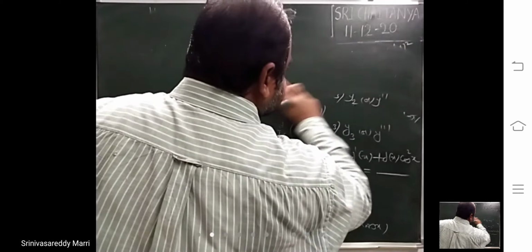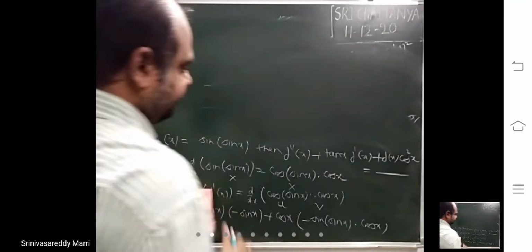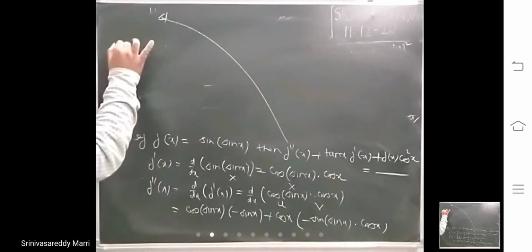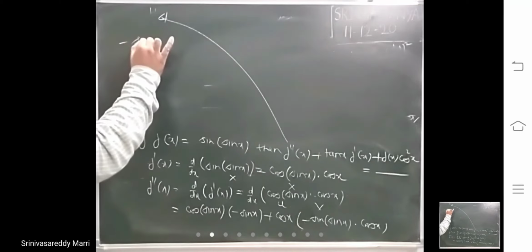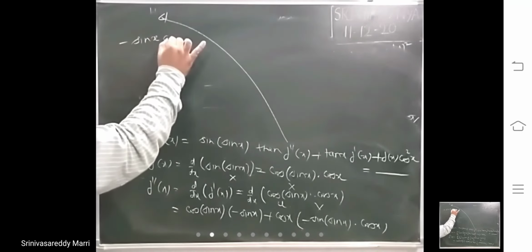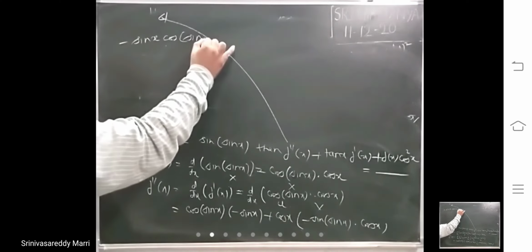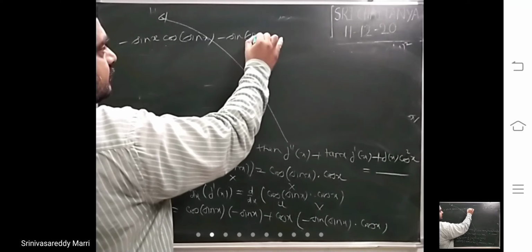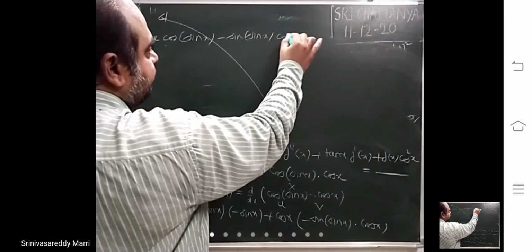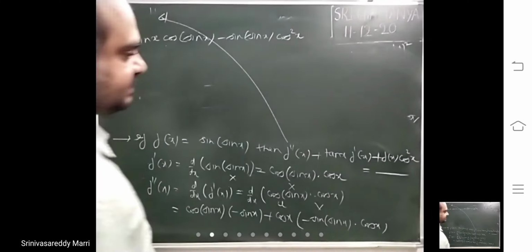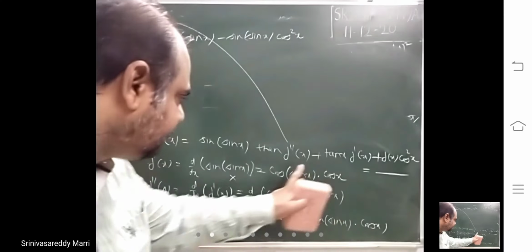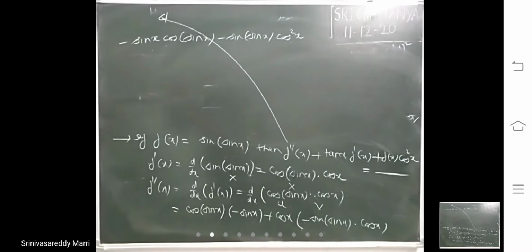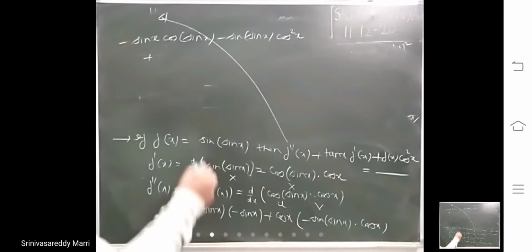Now find what he is asking. He is asking this one. Look at this: f double dash x is this, so minus sine of sine x into cos square x. Now look at tan x into f dash x. This is sine x by cos x into this, so cos x will get cancelled.